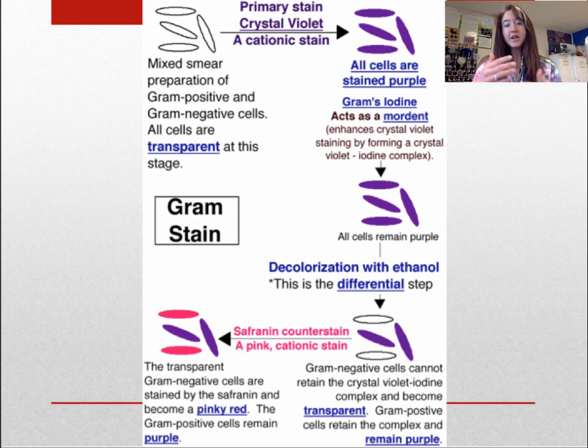So we'll see it turn the gram-negative cells to a beautiful pink. It too is a cationic direct positive stain. So it's going to coat the negatively charged surface of the gram-negative cells, staining them pink. So we will now have purple gram-positives and pink gram-negatives. And that's going to allow us to differentiate gram-positive from gram-negative.